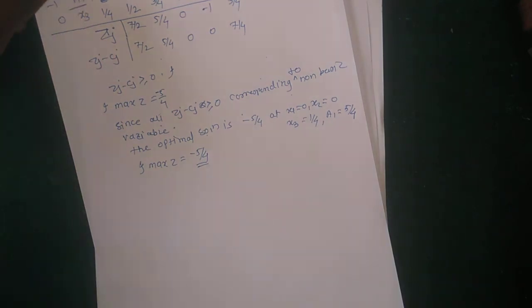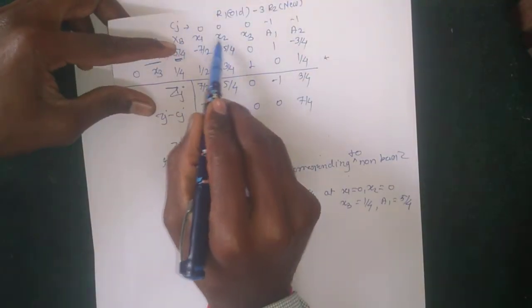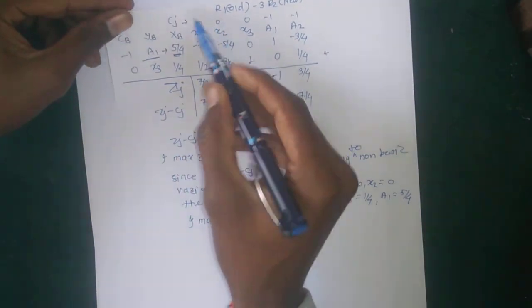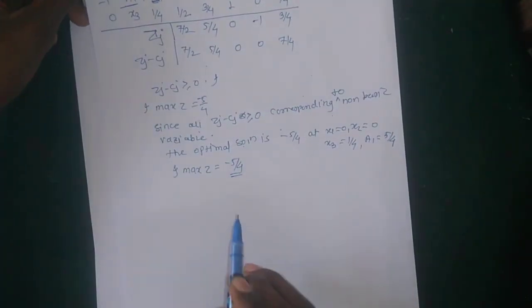Okay, this means if we assign the value of x1, x2 as 0 in the objective function, then the given LP has a solution in this form.